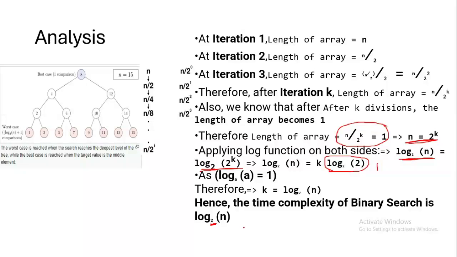Now, if we want to split the given array into three parts, that is, if we want to run the ternary search, then the time complexity comes out to be log to the base 3 of n.